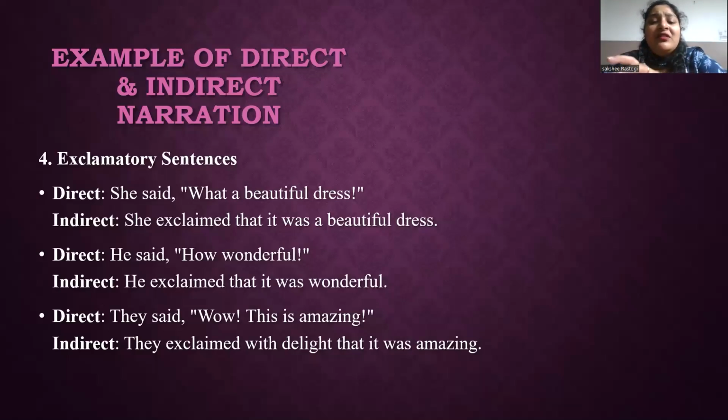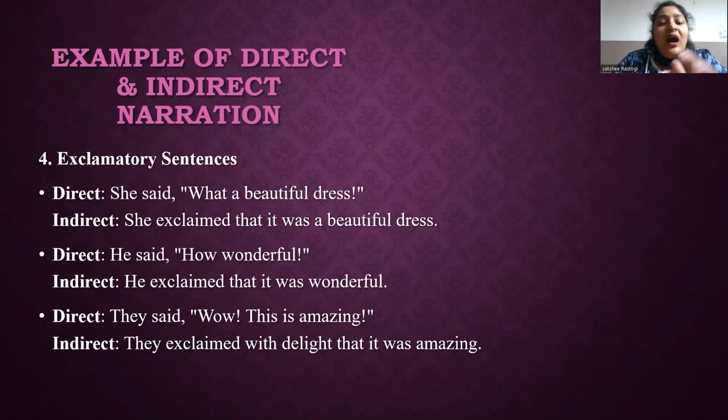If the reporting verb is say or tell, the sentence is changed to a declarative sentence. So in direct, "What a beautiful sunset," she said. And in indirect, she said that it was a beautiful sunset. If the reporting verb is ask, the sentence is changed to a question. So direct: "How delicious is the cake?" he said.